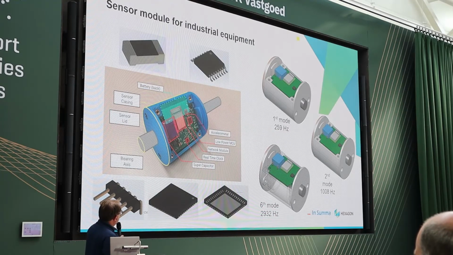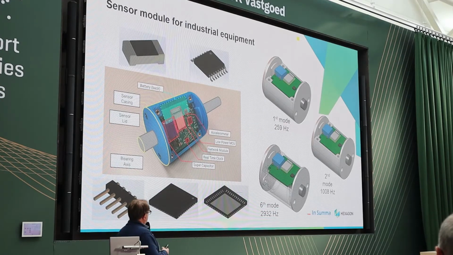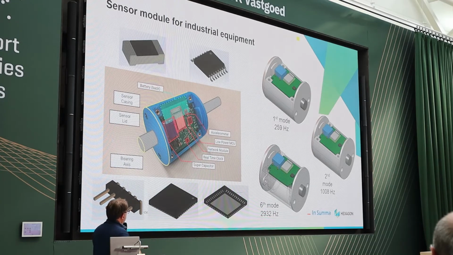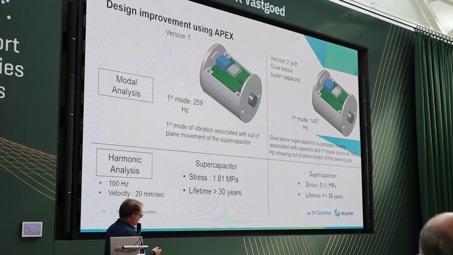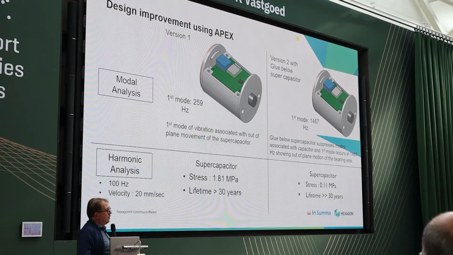In the eigenmodes you can also see what kind of deformations occur at the components. Then the next step is to make predictions of the lifetime of the joints.